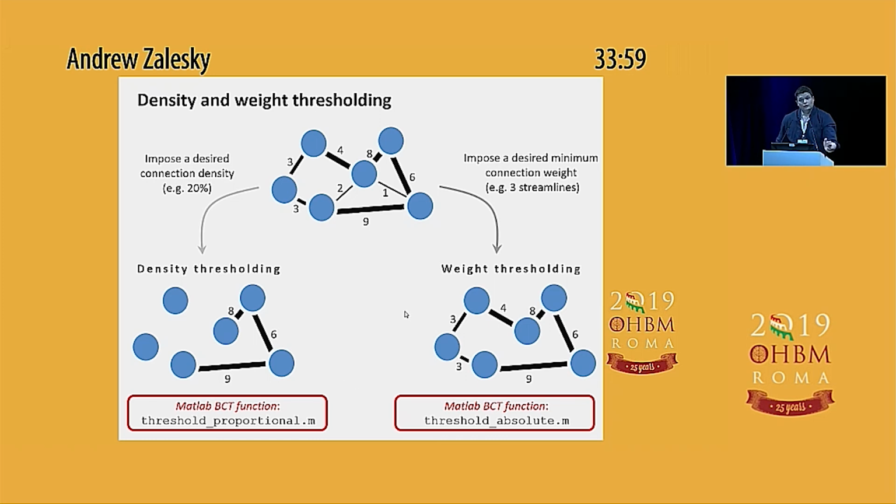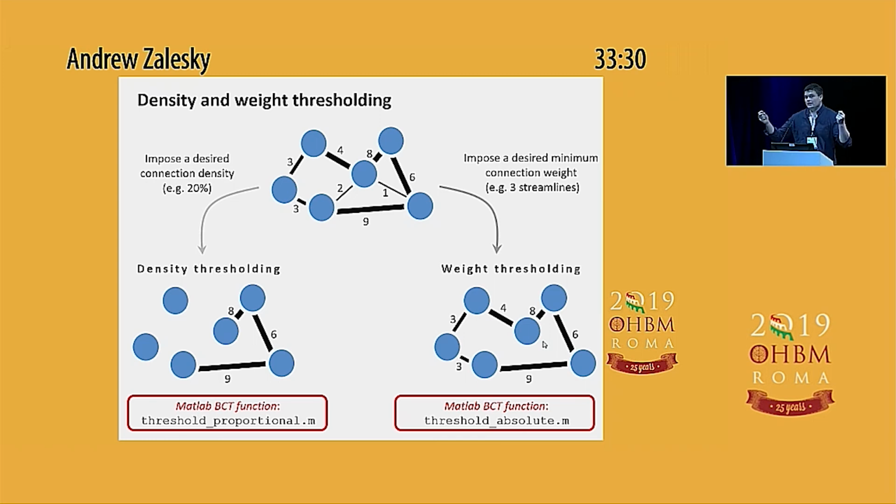The other way to threshold a graph is with weight-based thresholding. In this case, rather than prescribing a connection density, we prescribe a weight threshold. So we put a threshold on our streamline count or our functional connectivity. In this case, we say 3 streamlines, so any connection that comprises fewer than 3 streamlines is removed from our graph, and this is the resulting graph.